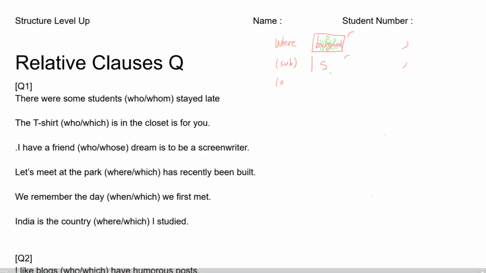Let me erase those real quick. Okay, let's take this over here, and let's try to identify the noun in the box and the sentence that is connected to the noun.